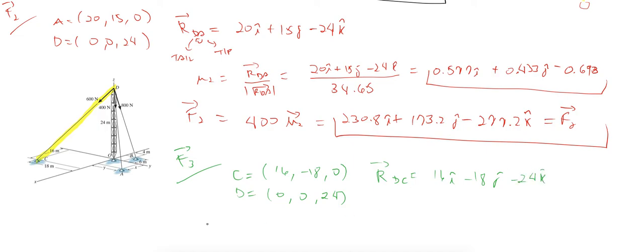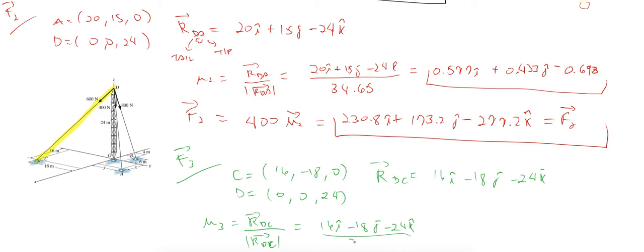So unit vector 3 is equal to what? RDC divided by the magnitude of RDC, right? For the magnitude, we get 34.